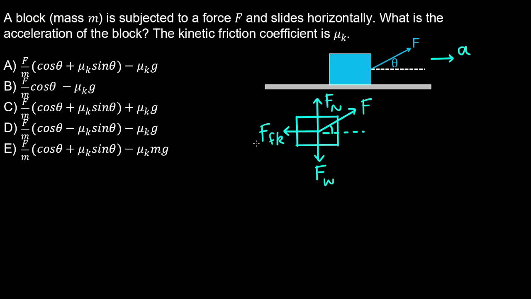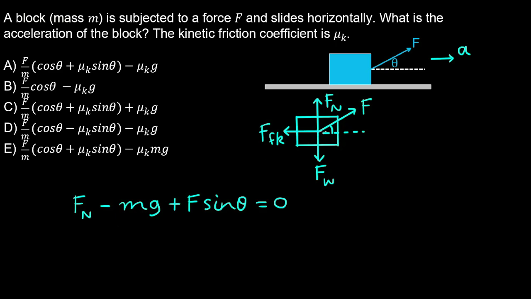So applying Newton's first law in the vertical direction, we have the normal force minus the force of weight plus the vertical component of the force F, so that will be F sine theta, and that's equal to 0 because the block is sliding horizontally.